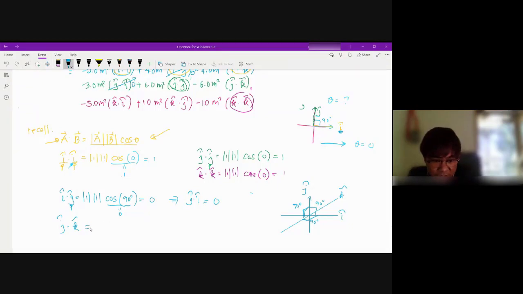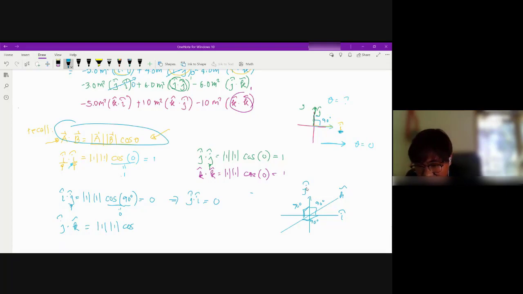So this one, kung lantawan nimo ning j hat dot k hat, so that would mean kung i-apply nimo ning definition, so you have magnitude of j hat is equal to 1, magnitude of k hat is equal to 1, but the angle between the two, so the angle between j hat and k hat is actually this, di ba?